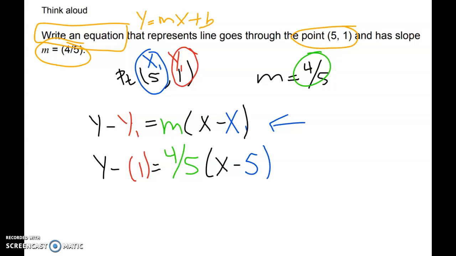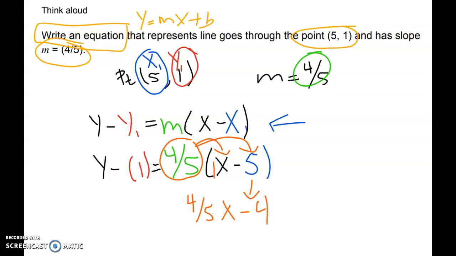That means I am going to distribute that fraction of 4/5 to every single term inside. 4/5 times x, which is the same as 1x, will give me 4/5x. Now 4/5 times -5, I know that is going to give me a -4.